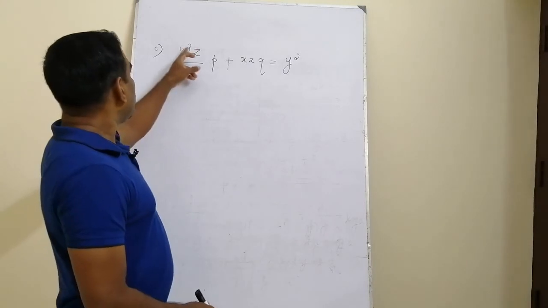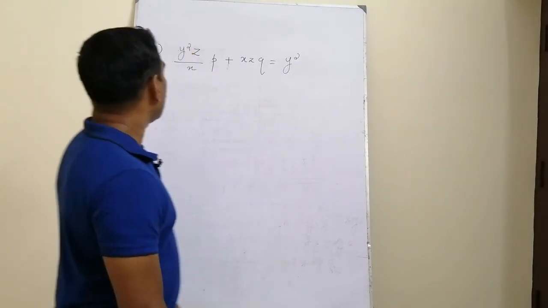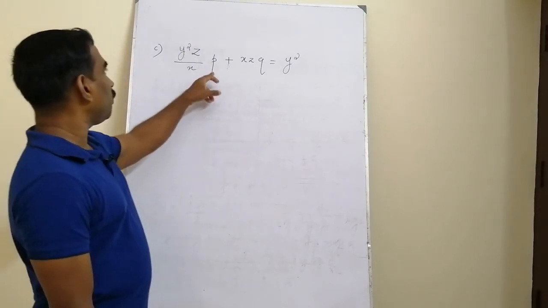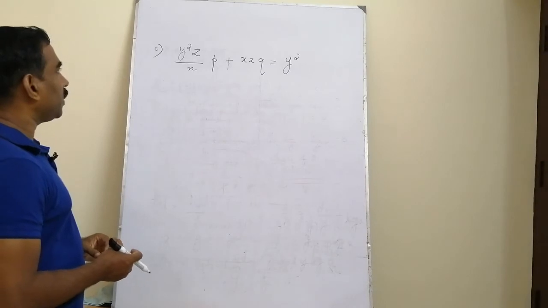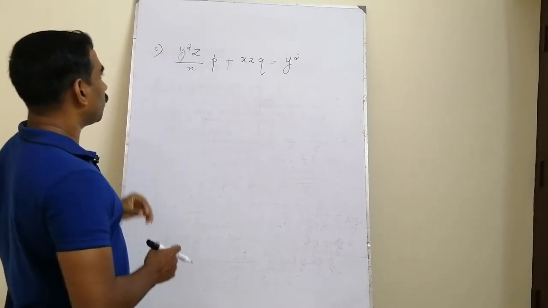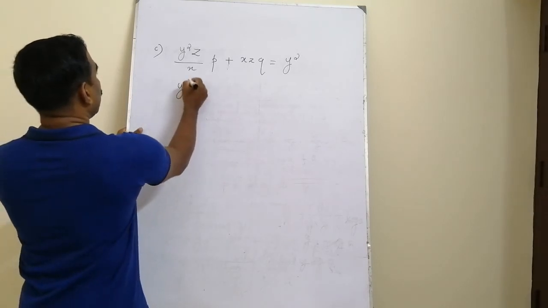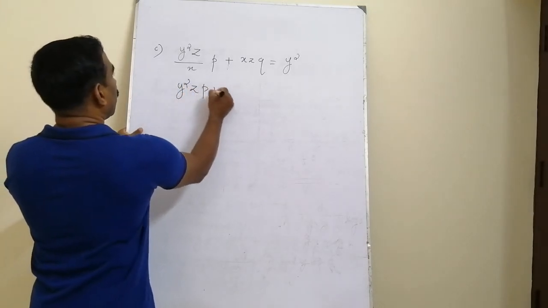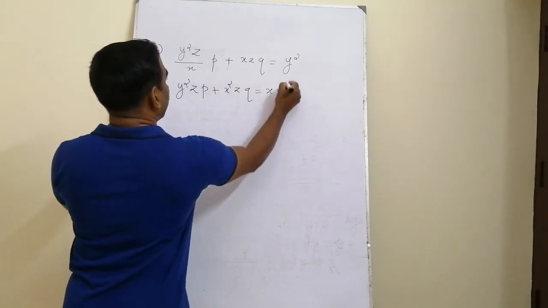Now consider the problem y²z/x p + xz q = y². This is already in Lagrange format, Pp + Qq = R. But before comparing with the standard format, it is better to clear this fraction. So first of all, we are multiplying throughout by x. So this implies y²z p + x²z q = xy².